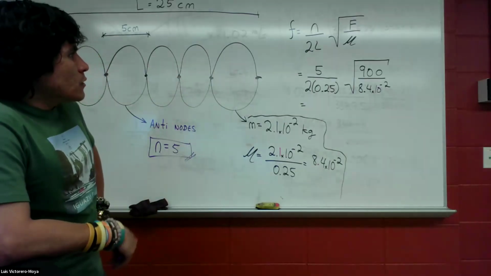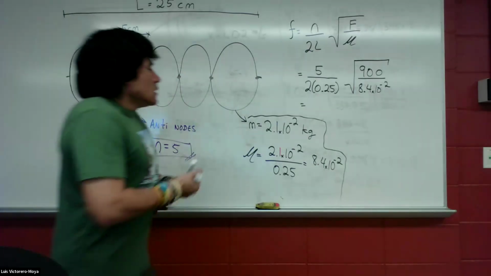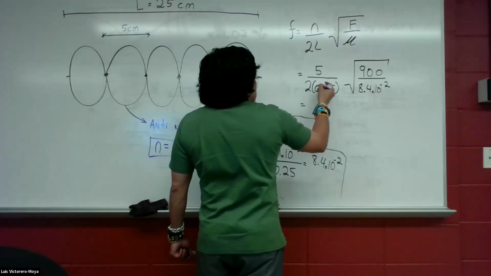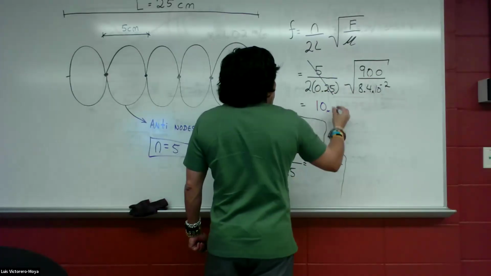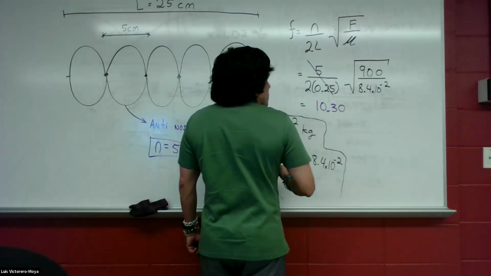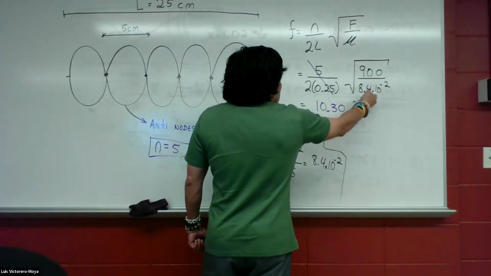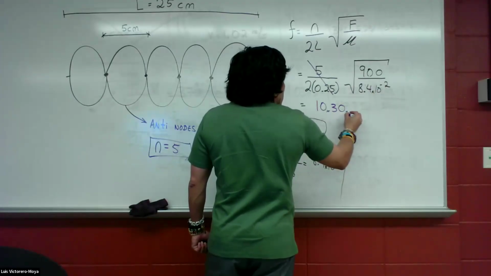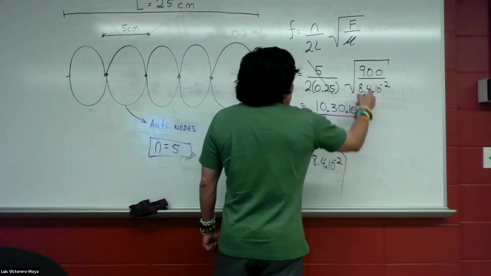So you just have to calculate that. This is 0.5, this is 10. All this will be 10 times 30, 10 times 10 divided by the square root of 8.4.